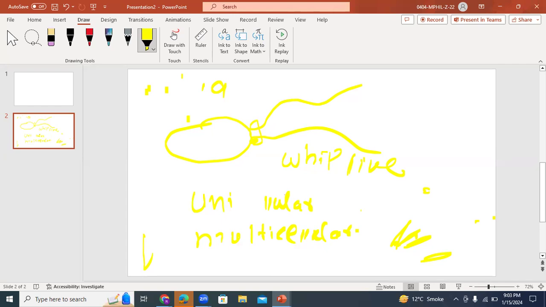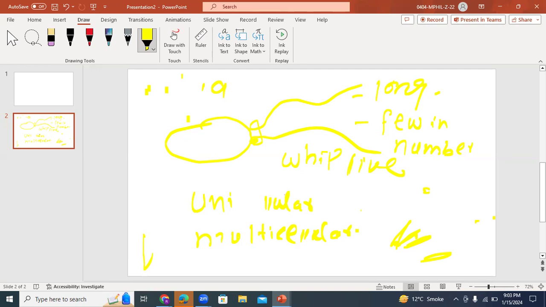Let's talk about flagella first. They are long and few in number. I mean, there will be 2, 3, 4, not more than this, somewhere a bunch of 5 or 6. While cilia are shorter and more in number.